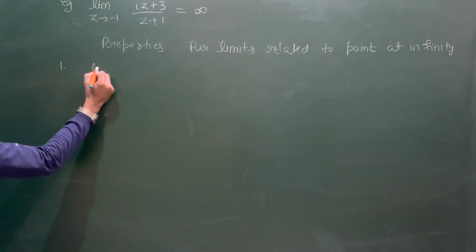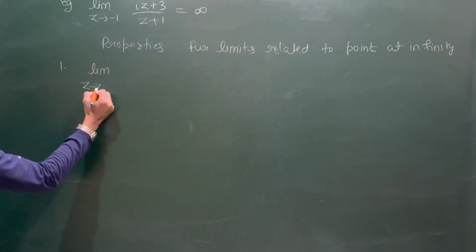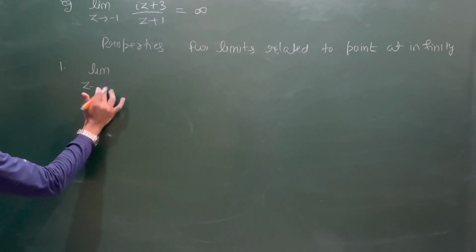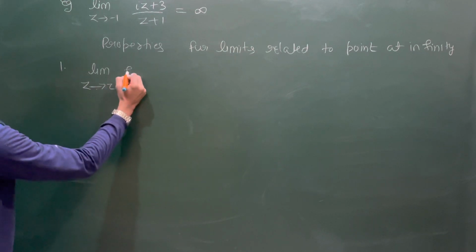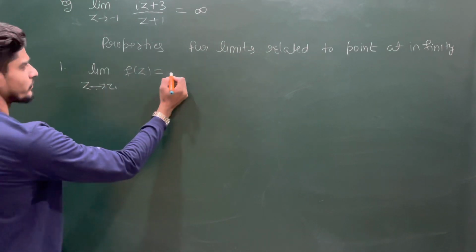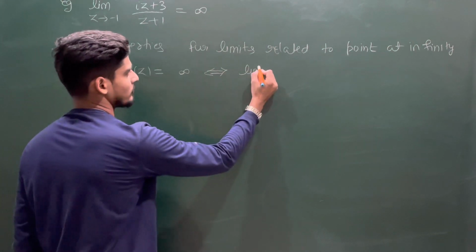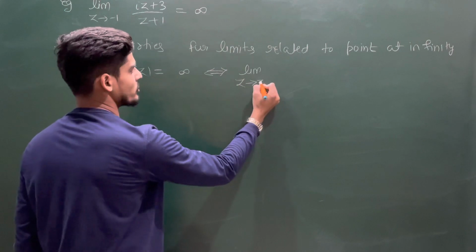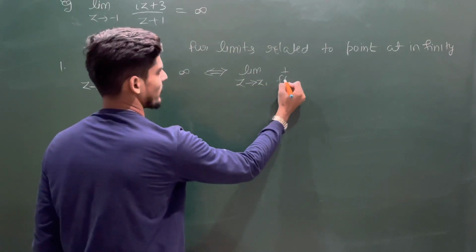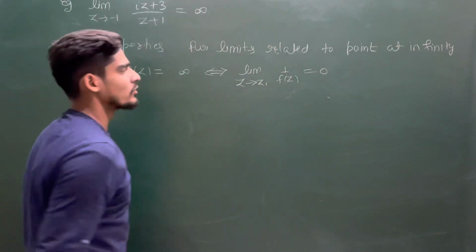Property 1, limit z approaches z naught, fz is infinity if and only if limit z approaches z naught 1 upon fz is 0.